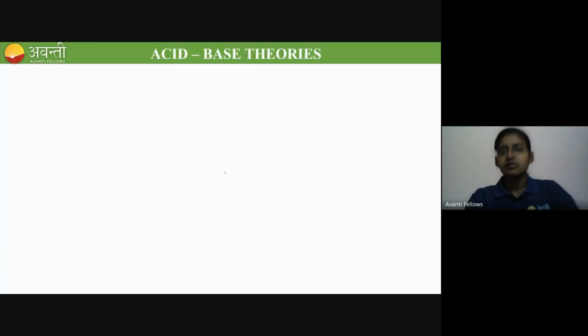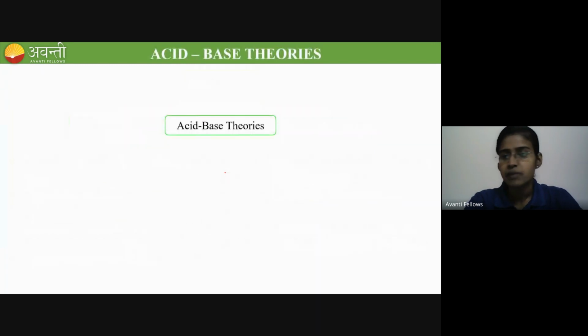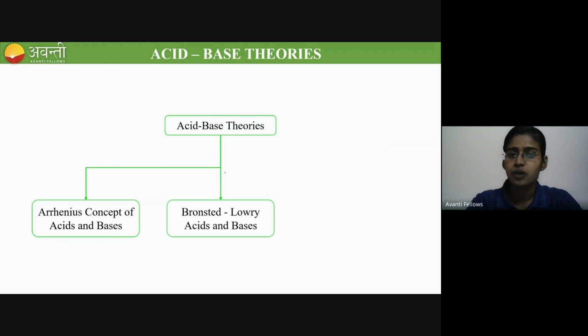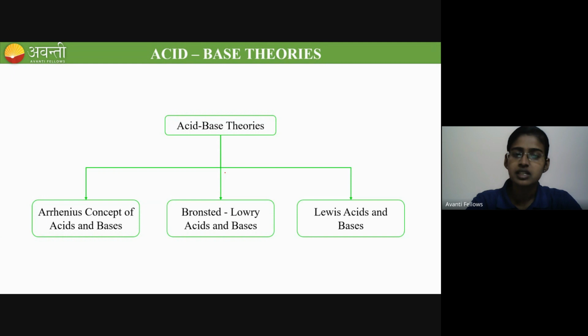In this acid-base theory, we have 3 concepts. The first one is the Arrhenius concept of acids and bases. The second is the Bronsted-Lowry concept of acids and bases. The third is Lewis acids and bases. So, first is the scientist Arrhenius, second is Bronsted and Lowry, 2 scientists, and third is Lewis.